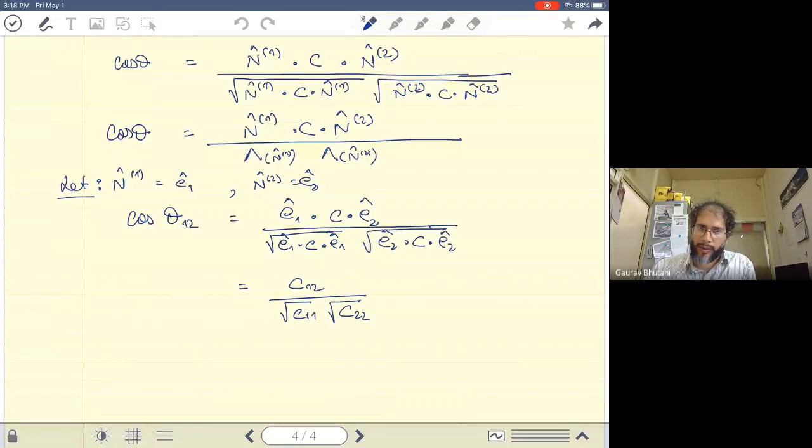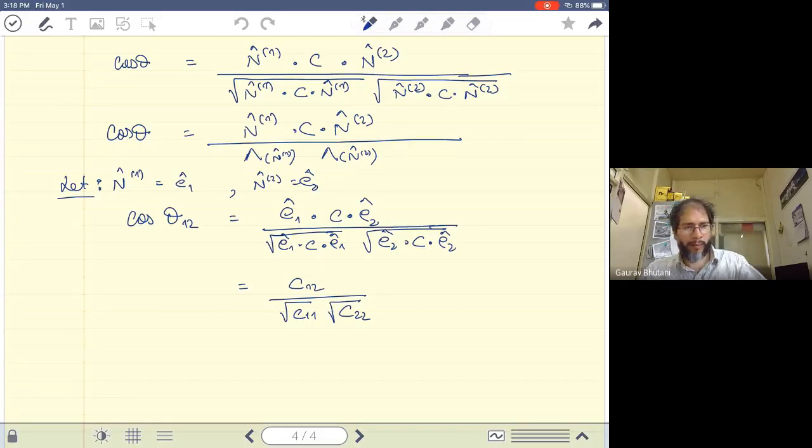So remember that we took the initial directions capital N1 and capital N2 perpendicular to each other, that's E1 and E2, which we know are perpendicular to each other, they are component directions. After the deformation happens, small theta denotes the angle between d small x1 and d small x2, and they may not be perpendicular. So what we have done is we have been able to write our theta in terms of the c values here. So we use the stretch ratio idea, and then we wrote everything in terms of c. We haven't used the interpretation of c till now, but in this discussion, that's what we understand.